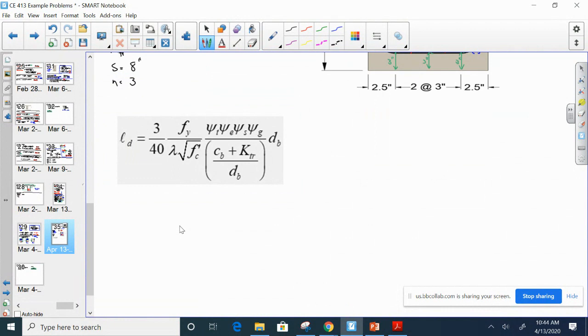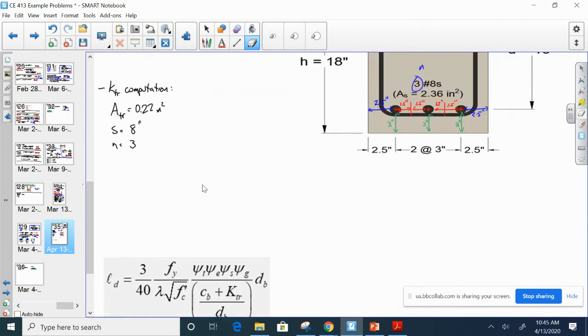First off, actually I want to do 2 calculations off to the side. I want to do C sub B plus KTR over DB. Well, actually, wait, I'm getting ahead of myself because I never computed KTR. Whoops. This new interface is taking a little bit of getting used to.